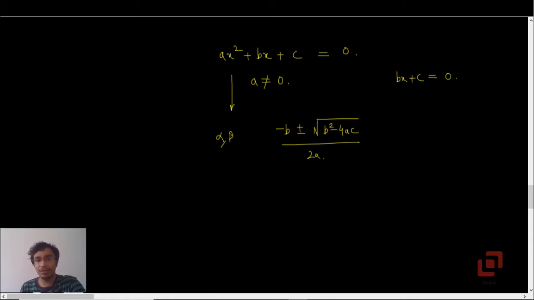Based on these two roots, you get the formulas for the sum of the roots as minus b upon a and the product of roots as c upon a. You also note that the expression b squared minus 4ac is called the discriminant.